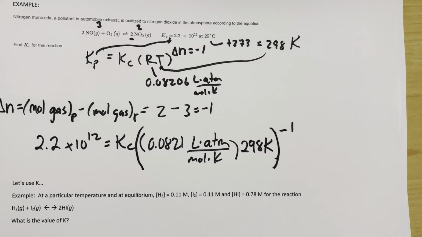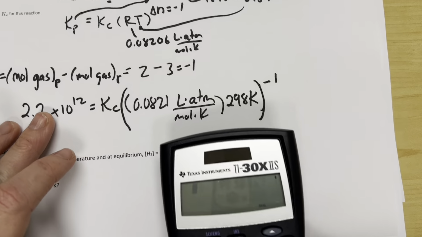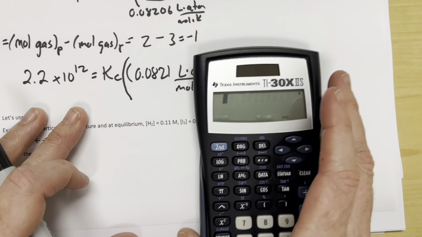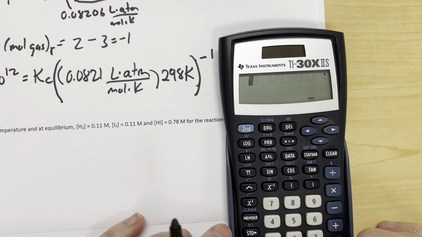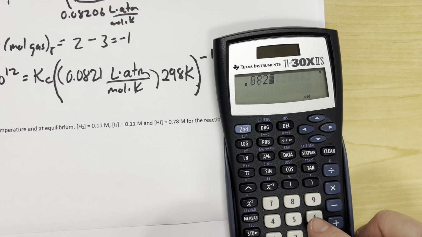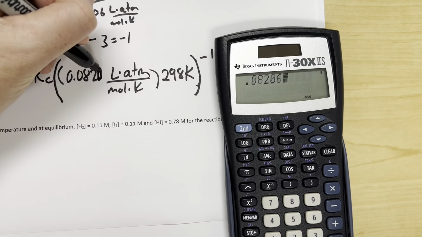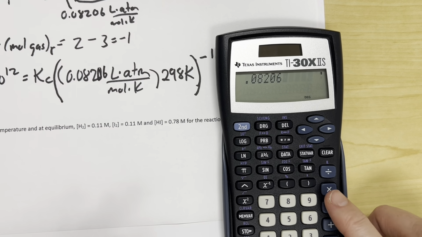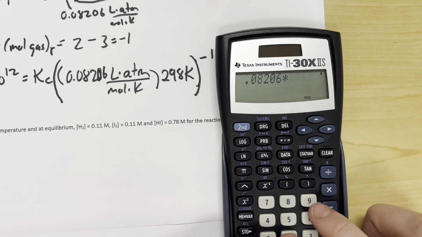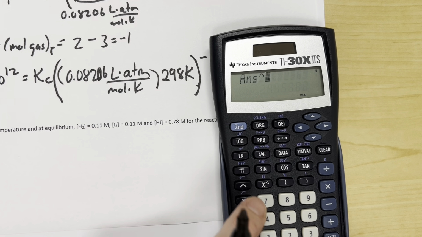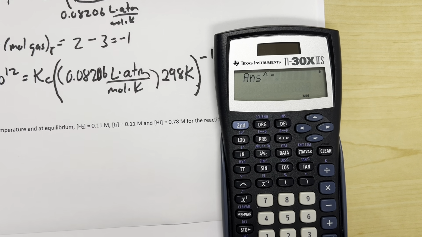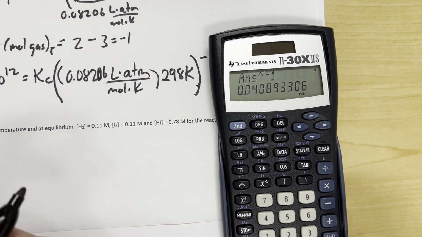All right, let's break this down to make sure we're comfortable with this calculation. I'm going to start with this part. We have 0.0821 times 298. I'm going to hit enter, and then you just raise it to the negative 1. And hit enter.